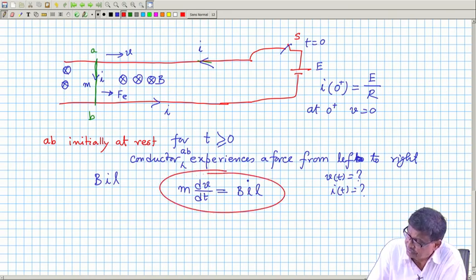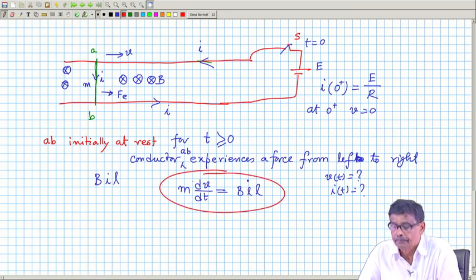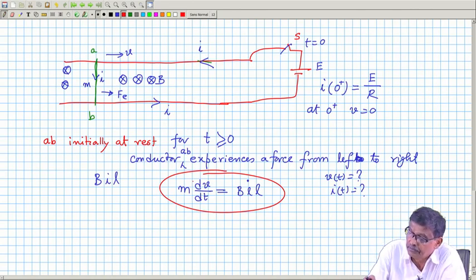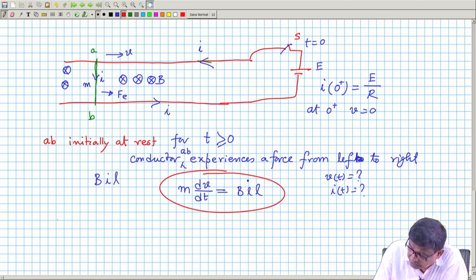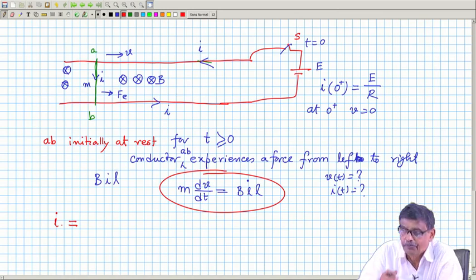This is one equation. So, I must have two equations to get V and I. What will be the next equation? The next equation is the expression of I at any time t. See, the moment this happens, it starts moving.